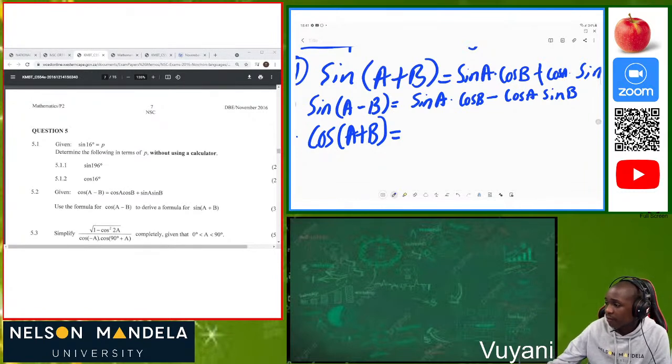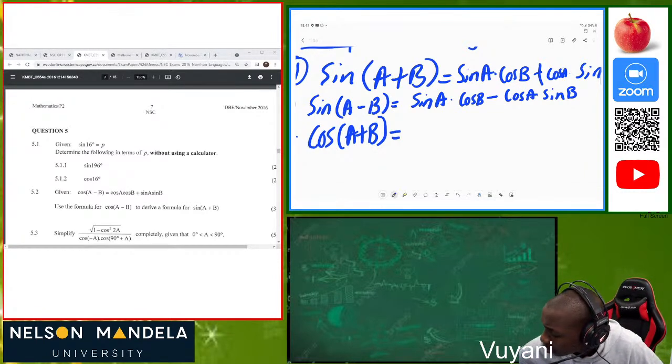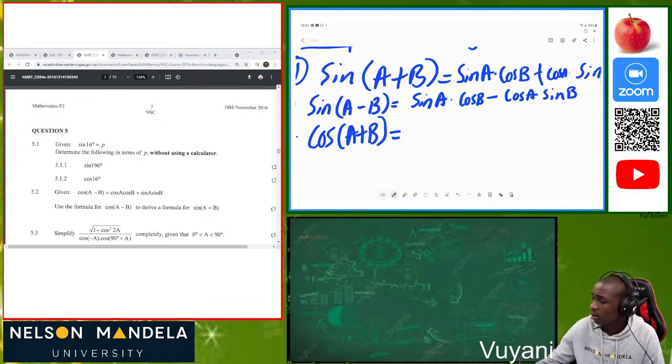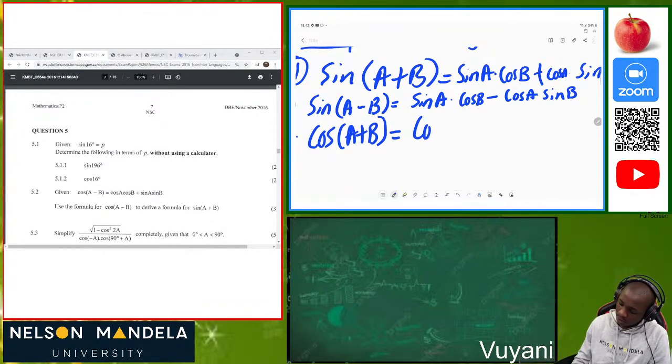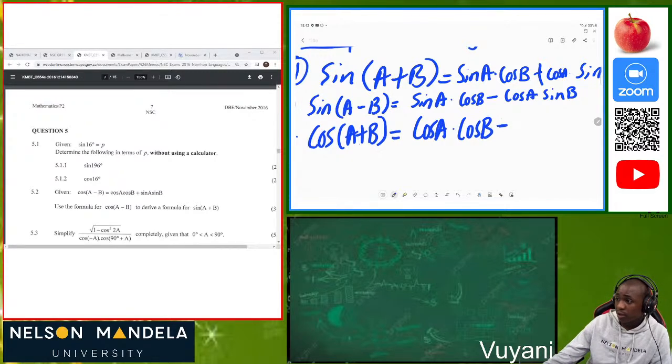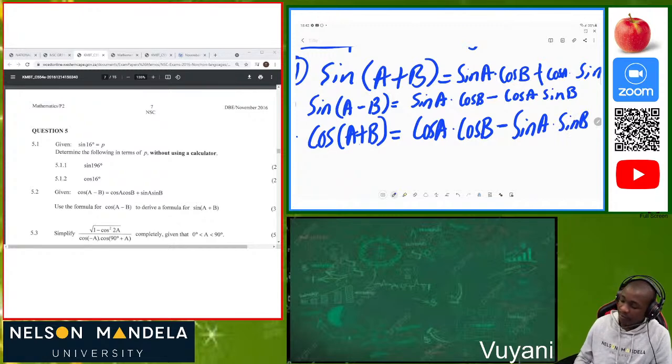We have cos of A times cos of B. If it's plus, it's going to be minus on this side. Then we have our sine of A times sine of B.